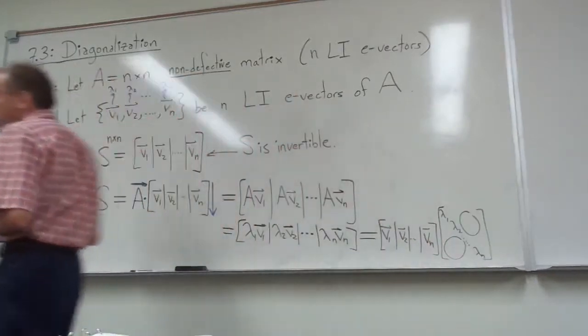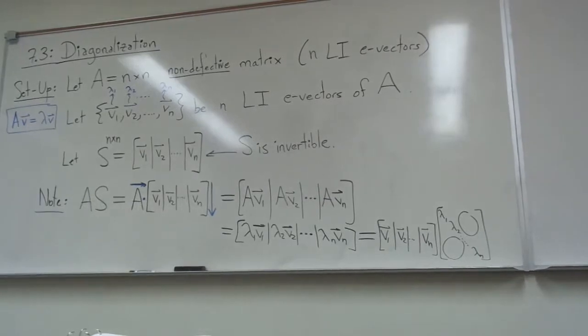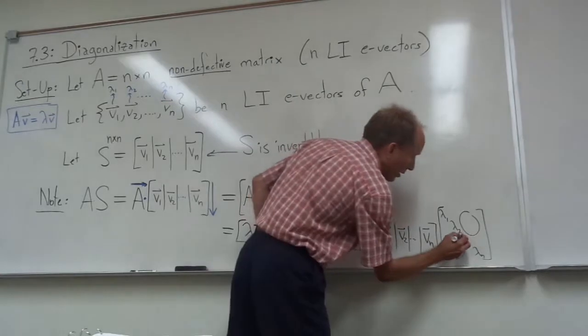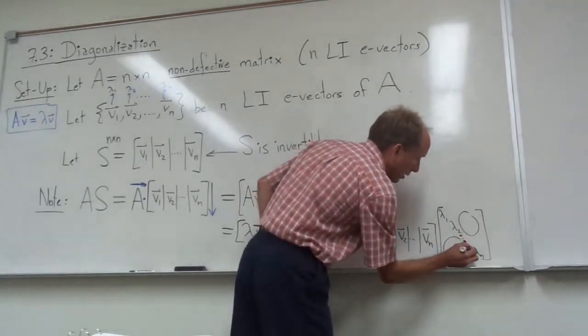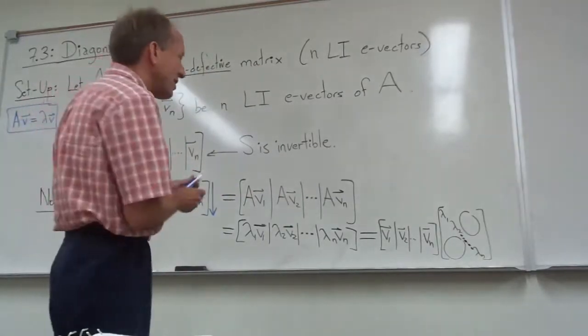So zeros everywhere else. This is just lambda 1, lambda 2, all the way up to lambda n, like that. Okay, so does this kind of make sense?